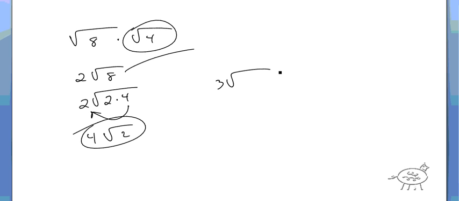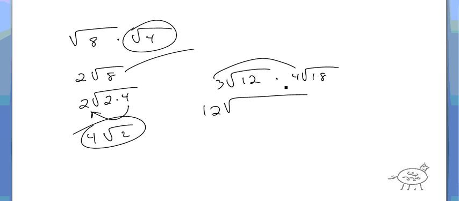3 square root of 12 times 4 square root of 18. Well, I could multiply 12 and 18 together. Well, first of all, 3 times 4 is 12. And for the 12, yeah, there's a 4 in there too, but think of a number that goes into both 12 and 18.